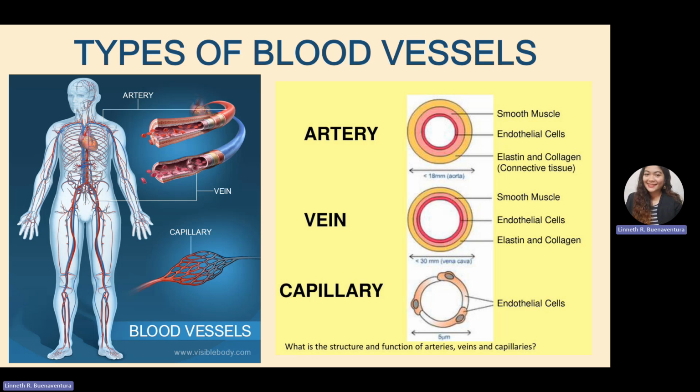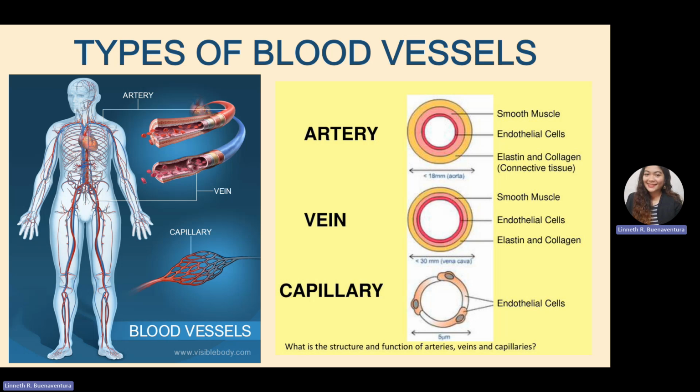The artery and vein consist of smooth muscle, endothelial cells, and elastin as well as collagen. While capillaries only consist of endothelial cells. So it is designed to be like that because capillaries are responsible for diffusion.